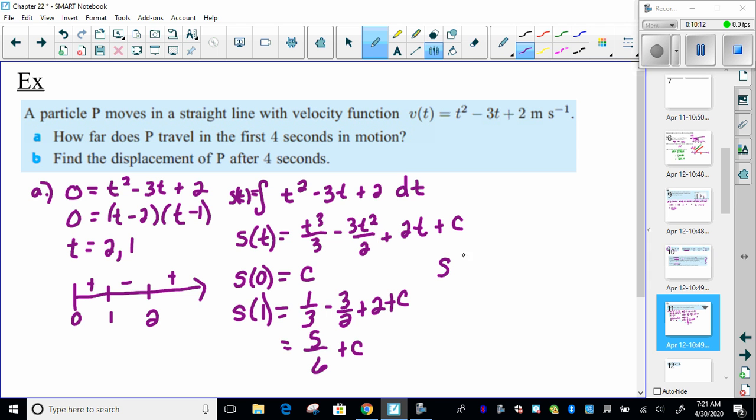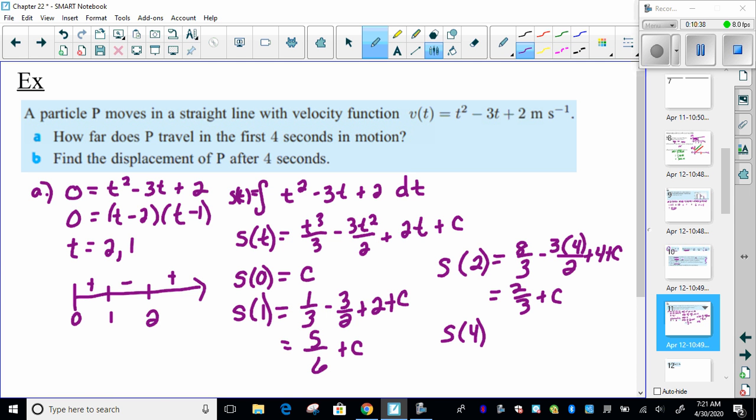And then I'm going to put my next sign change in, s of 2. S of 2 is 8/3 minus 3 times 4 over 2 plus 4 plus c, which means s of 2 is 2/3 plus c. And then my end, and if I had more sign changes, I'd have to do all of them.